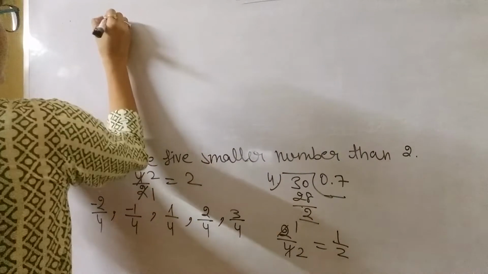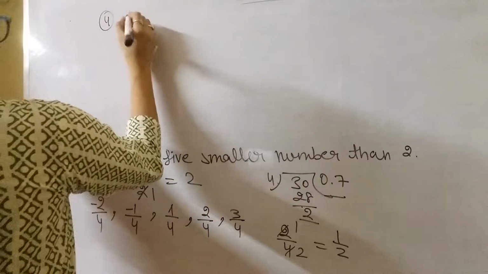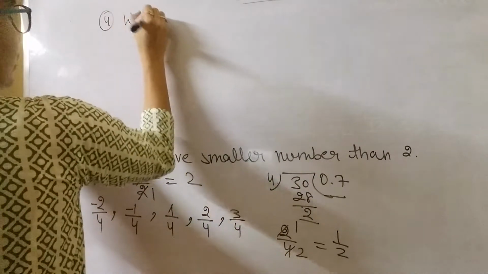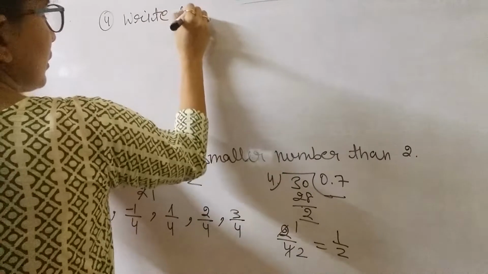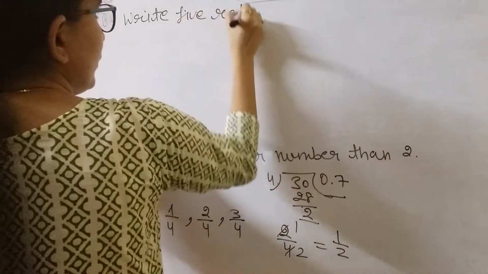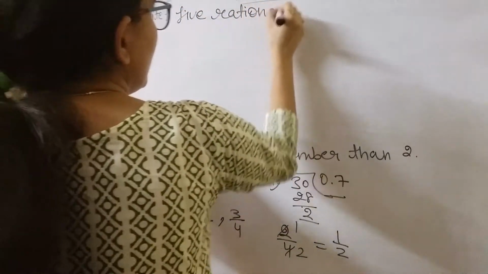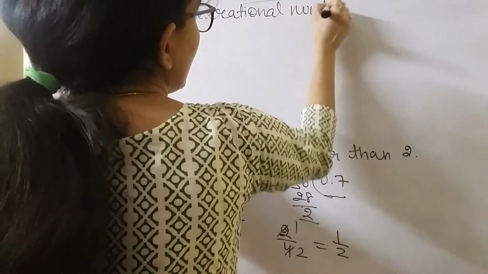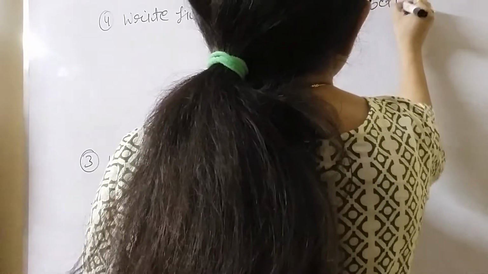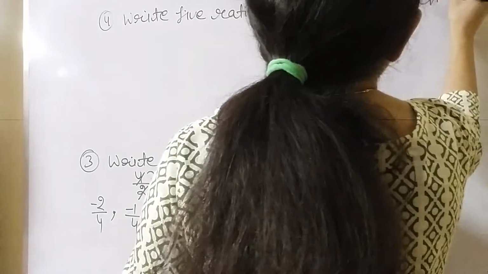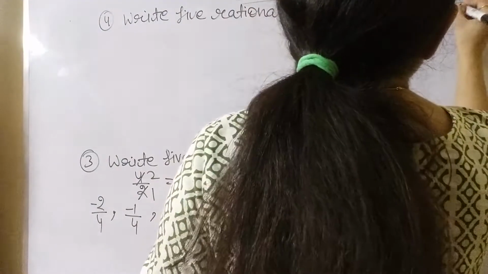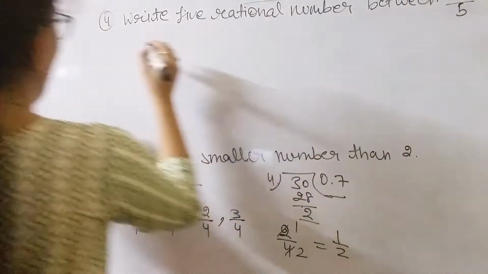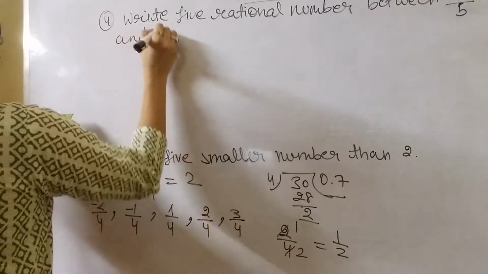Question number 4. Write 5 rational numbers between -2 upon 5 and 1 upon 2.